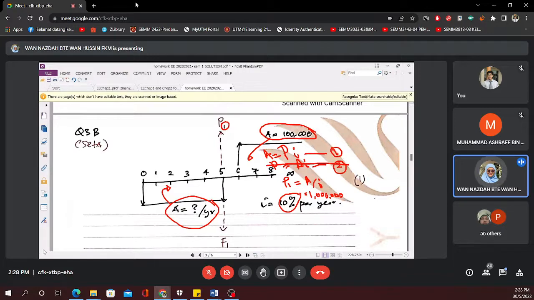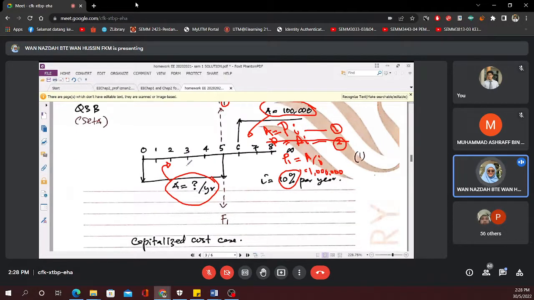Alright, so you are supposed to determine this A. A is unknown. This A actually happened at time 0 up to 5, so your N in this case is 1, 2, 3, 4, 5, 6.